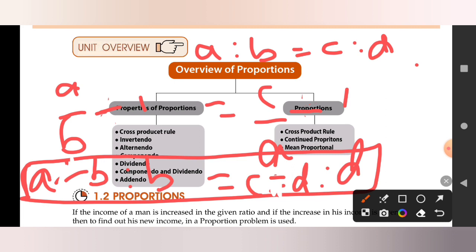That is dividendo. So what is componendo and dividendo? Okay, let me write it again.